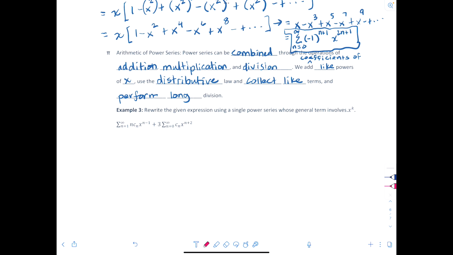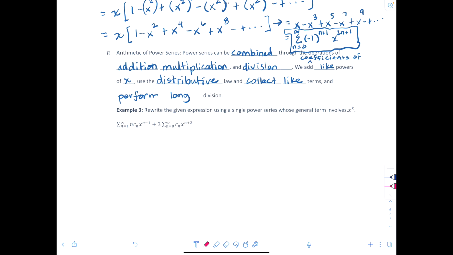When I plug in n equals 0, I have an x squared, right? The first summation, I plug in that lower limit of the summation n equals 1, I get x to the 0. So it would take a couple of terms, right, to get to x squared. So let's find the first couple terms.